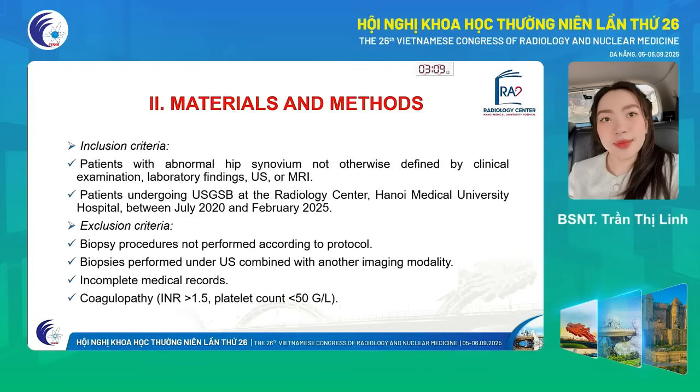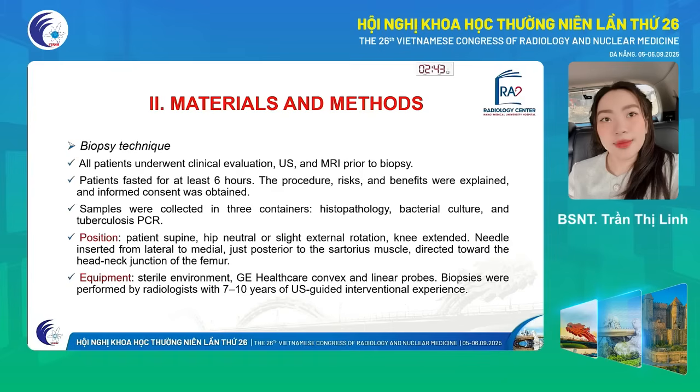About the exclusion criteria: biopsy procedure not performed according to the protocol, biopsy performed under US combined with another imaging modality, incomplete medical record, and coagulopathy, INR more than 1.5 and platelet count under 50.